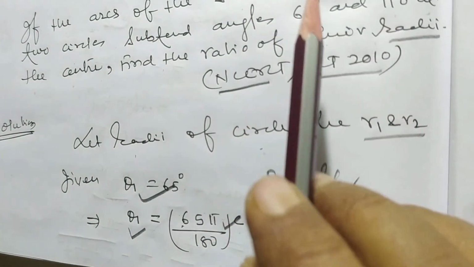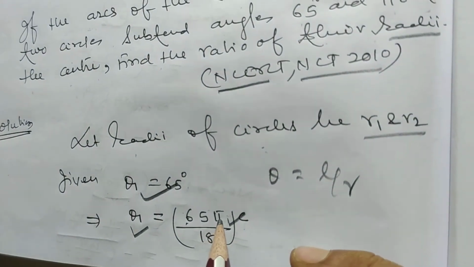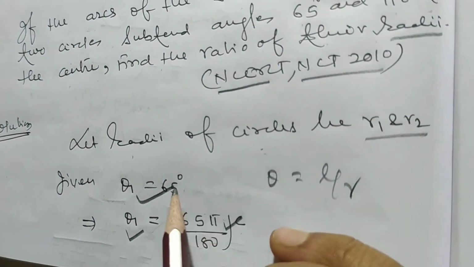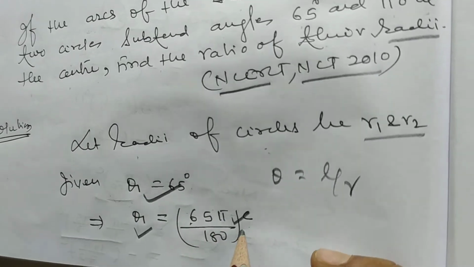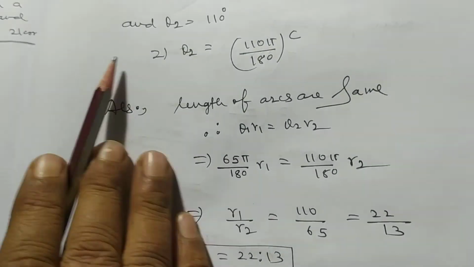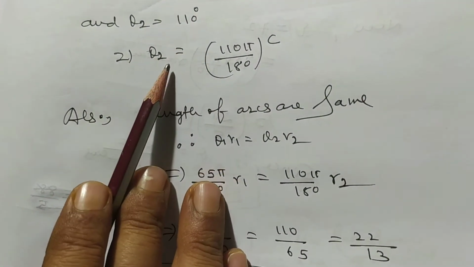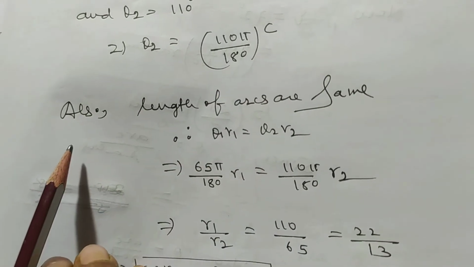So my dear student, here theta 1 is equal to 165 degree, and we convert it into radian by multiplying by pi by 180. Similarly, theta 2 is equal to 110 degree, and we convert it into radian.